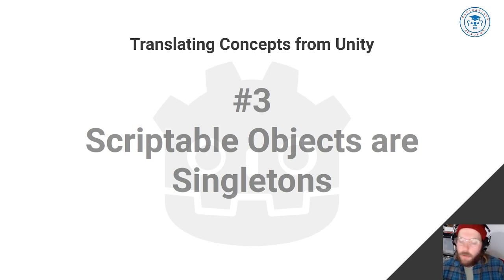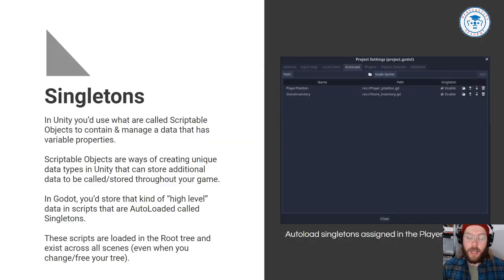Typically, you might do this in Unity with scriptable objects, a handy way in which you could store information or create your own custom variables and data types. But in Godot, you would do that by adding scripts that behave as singletons that get loaded above all of the tree. So we can look at examples of this.